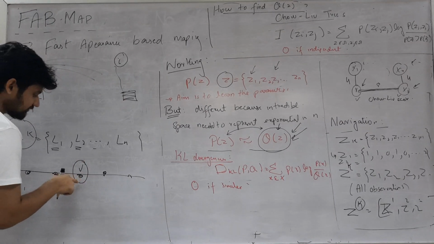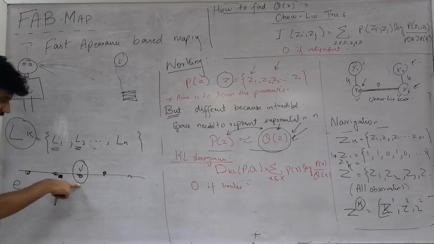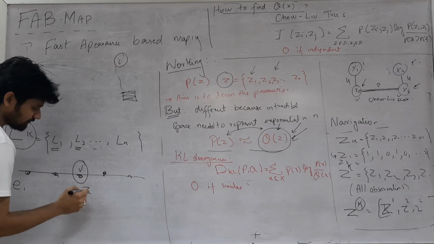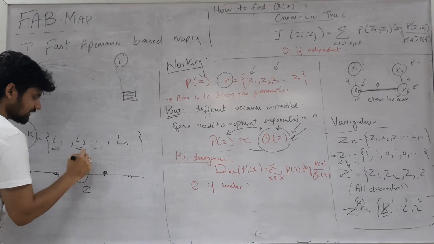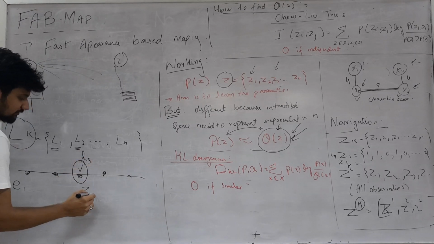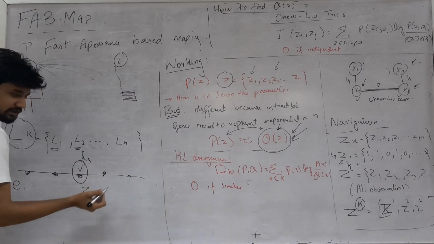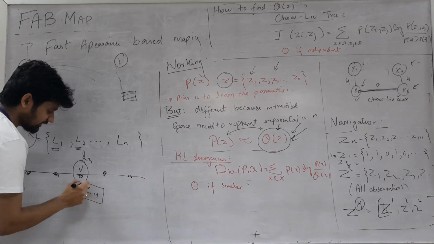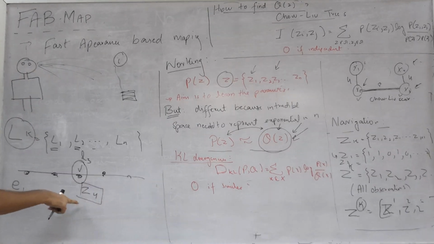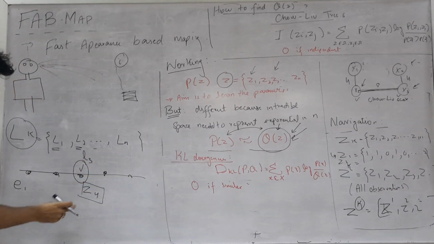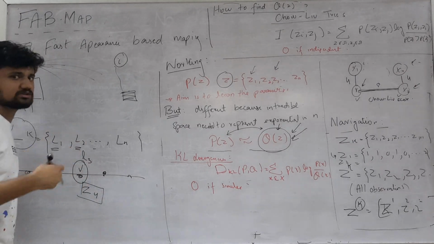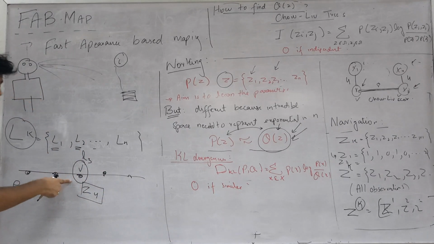It would have observed the environment. Let's say while it was deciding that it is location number 3, it observed Z4, the fourth observation, and after observing it said no, it is a new location. Let's save it as a new location here.